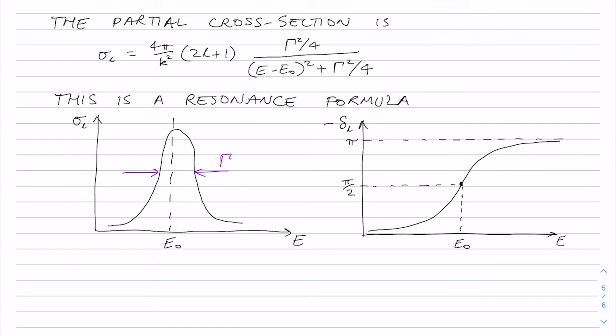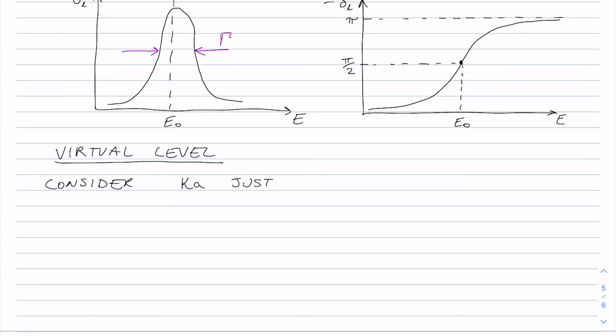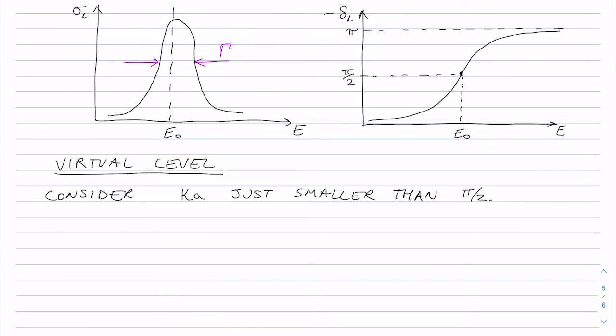But now consider a Ka which is just smaller than pi on 2. That's going to lead us to something called the virtual level. The nature of the scattering is still going to be resonant, but there's no bound state yet. We're still going to have this resonant shape in our scattering cross-section.